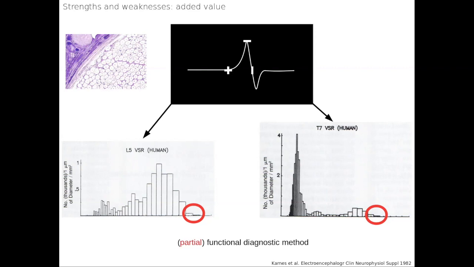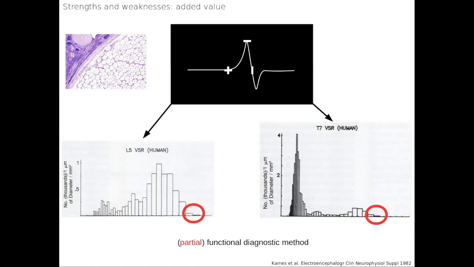If we look at the histogram of a peripheral nerve, depending on the diameter of the different axons, a histogram of the diameter of the different axons of different segments, you clearly see that there is a lot of information we are missing if we use classical neurophysiological techniques, because we only assess the fastest conducting fibers.